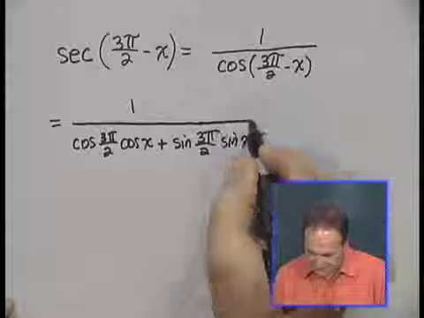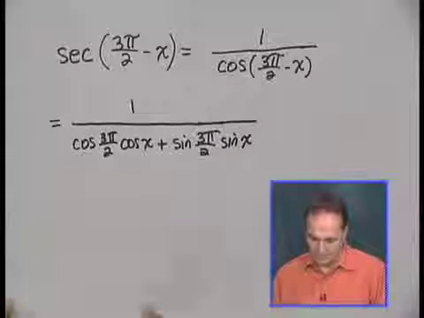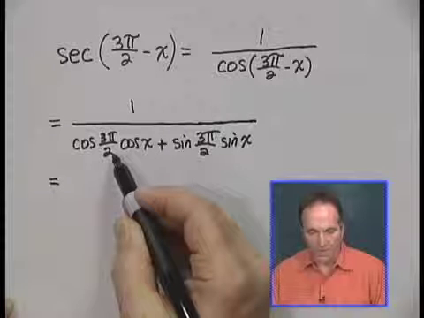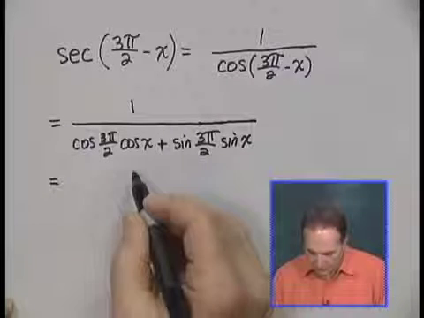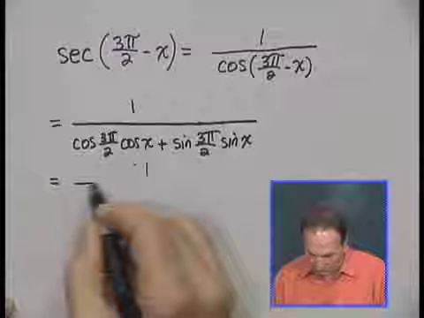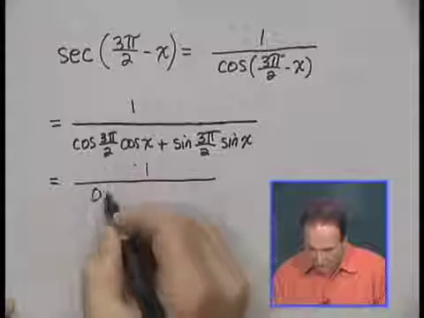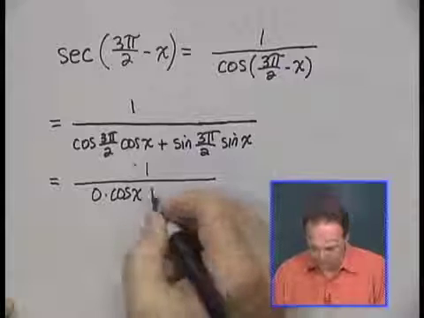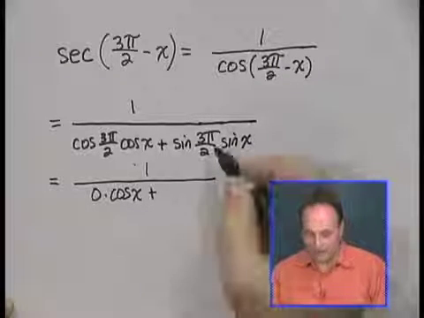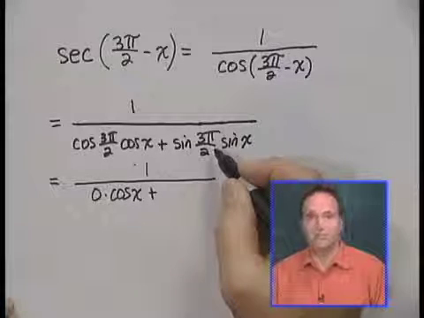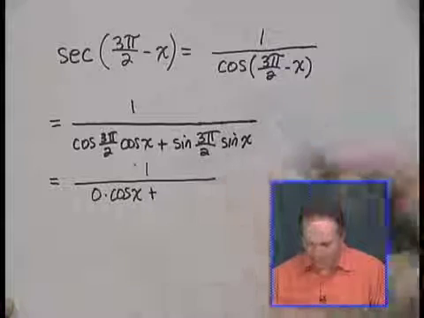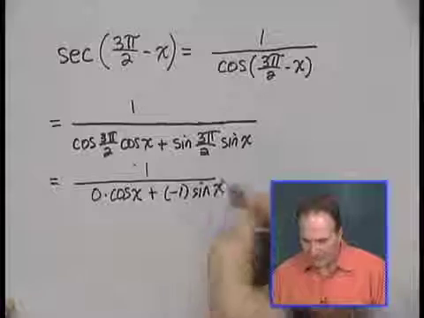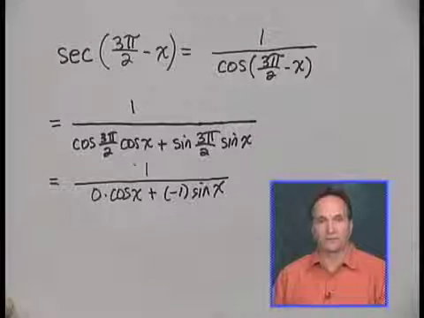So let me extend that. So that's our new denominator. Now let's evaluate the cosine of 3 pi over 2. That's equal to 0. So we have 1 over 0 times the cosine of x plus, now evaluating the sine of 3 pi over 2, that's equal to negative 1. So I'll put that in parentheses, times the sine of x.